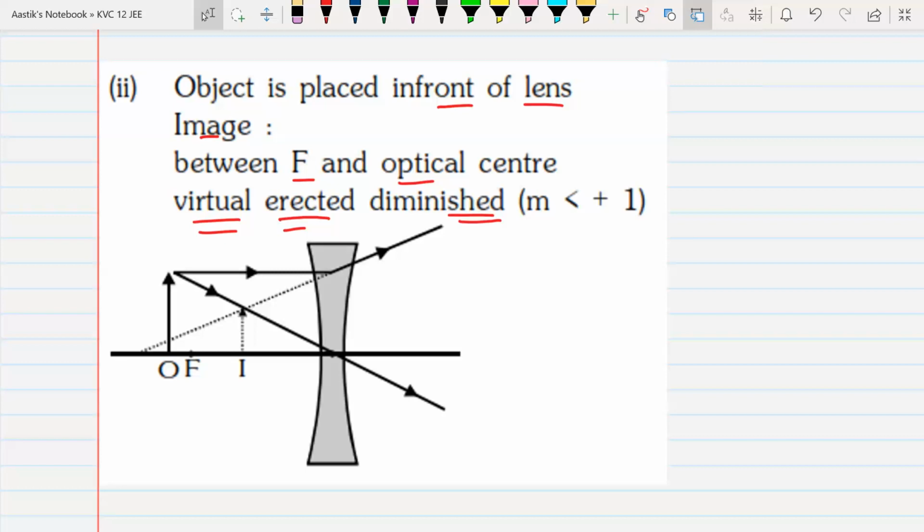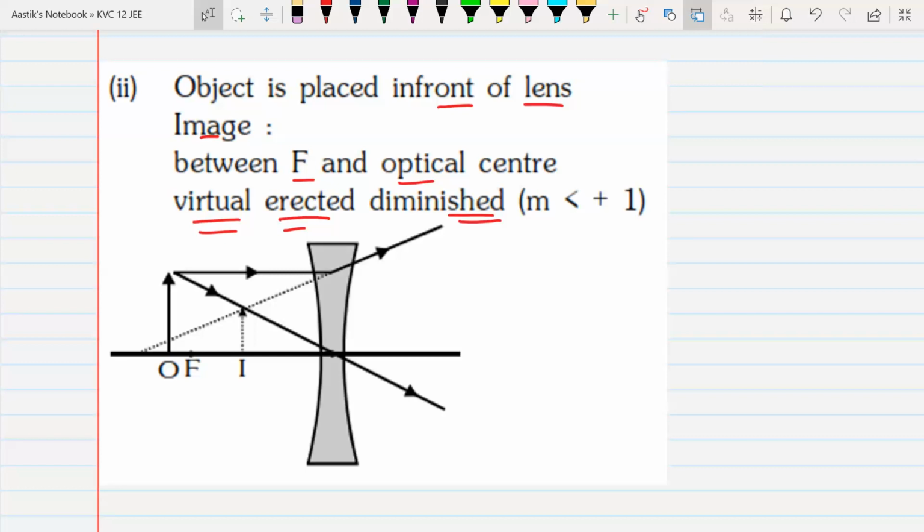Sir, 2 minutes are completed, sir. Completed, sir. Done, sir.